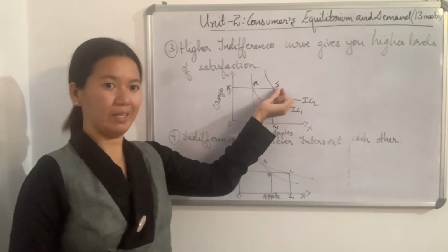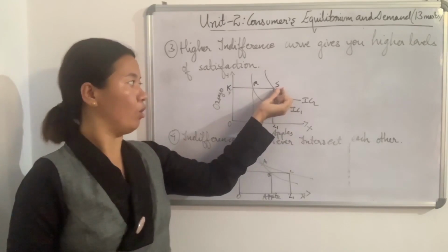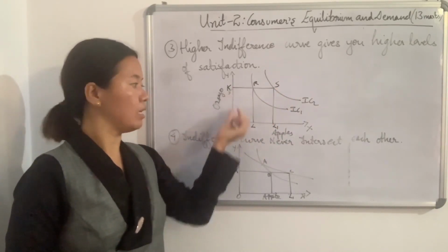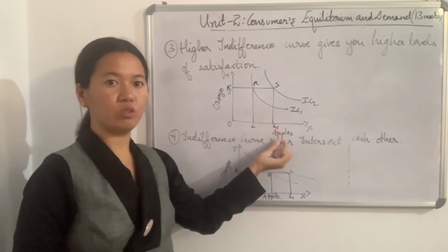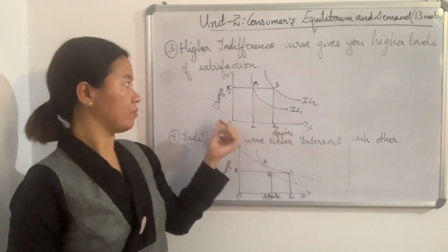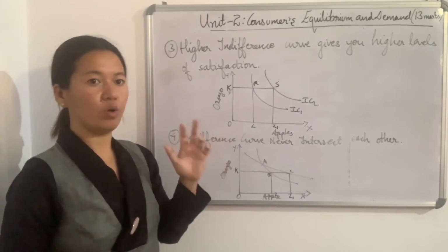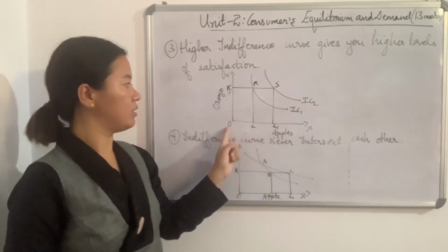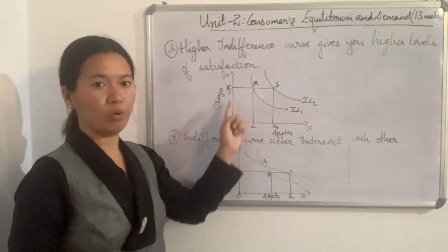And on point S, that is on IC2, it consumes OK amount of oranges and OL1 amount of apples. We can see that on both points, R and S, it consumes the same amount of oranges, that is OK.